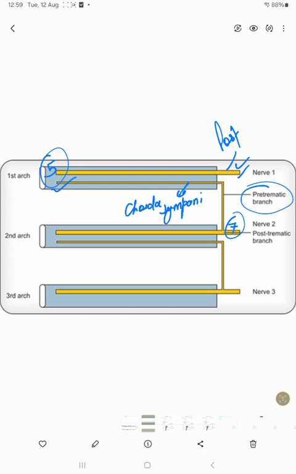Okay, so we'll take only the pre-tympanic nerve in the first arch, that is chorda tympani nerve. It is caudally present. Cranially we have post-tympanic, that is the fifth nerve, and this is the seventh nerve. Facial nerve is giving rise to the chorda tympani nerve. This is the glossopharyngeal nerve. In humans, most of the authors say that chorda tympani nerve persists while all other pre-tympanic nerves degenerate.